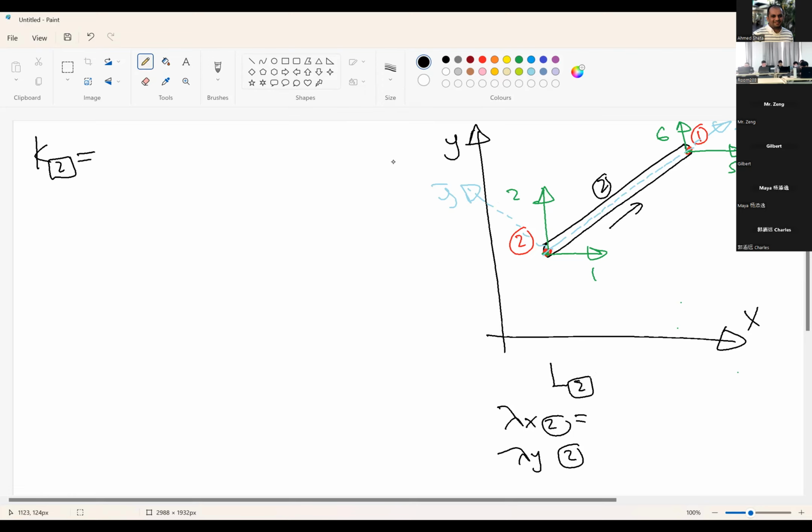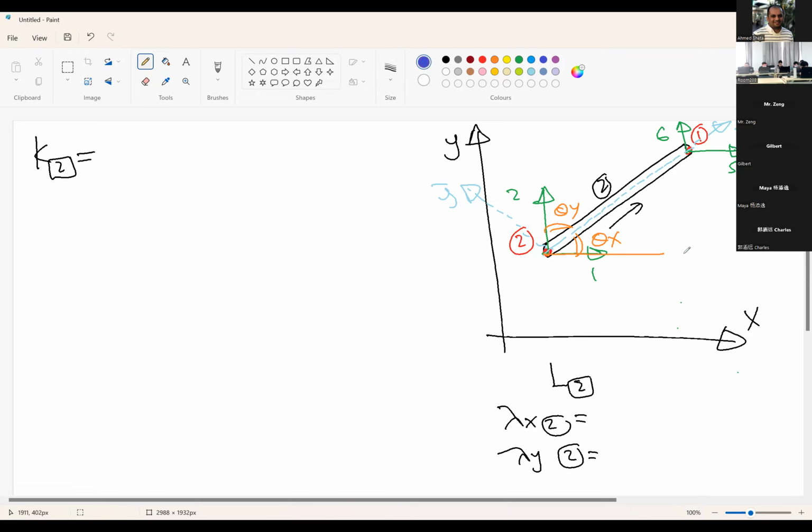To know lambda x and lambda y for member 2, we need to find the angle. This is theta x and this is theta y. And we also need to know the length.